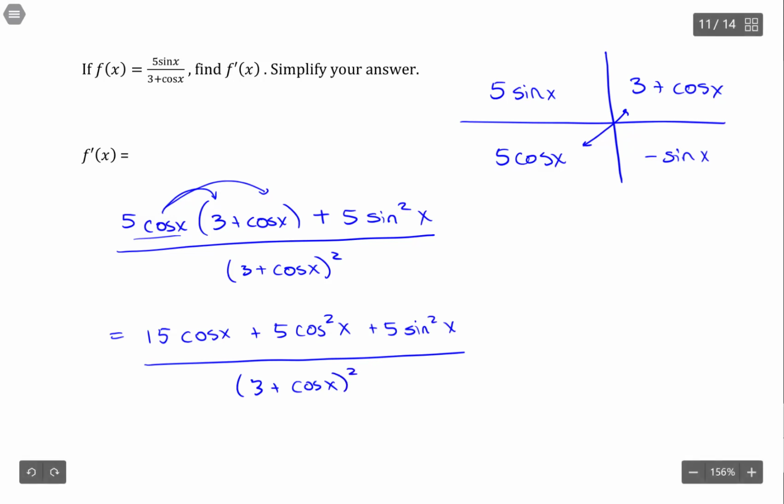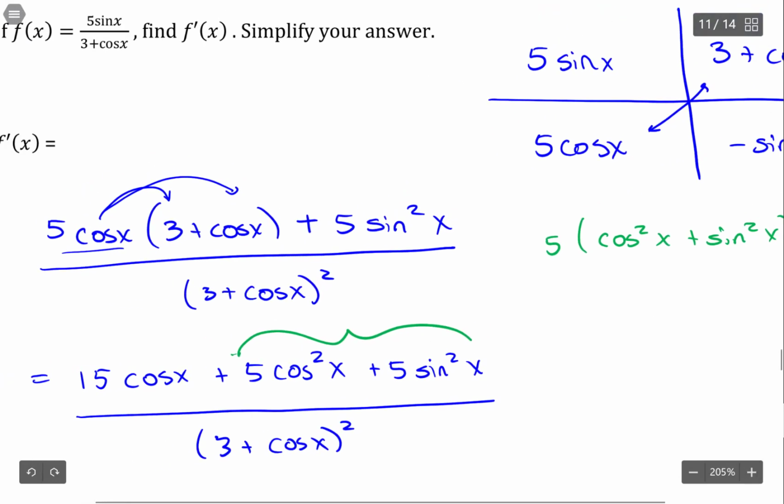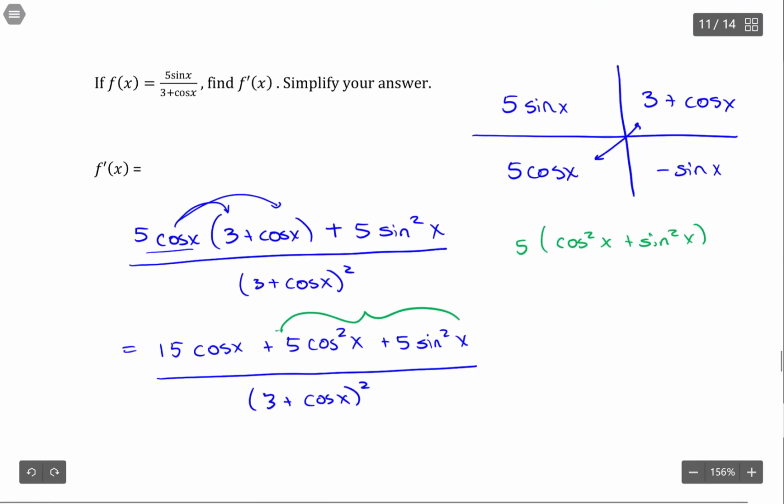And these two terms here are interesting because if you factor out a 5 from each of those, that leaves cosine squared x plus sine squared x, and that just equals 1. So this becomes 1. That all reduces to simply a 5.